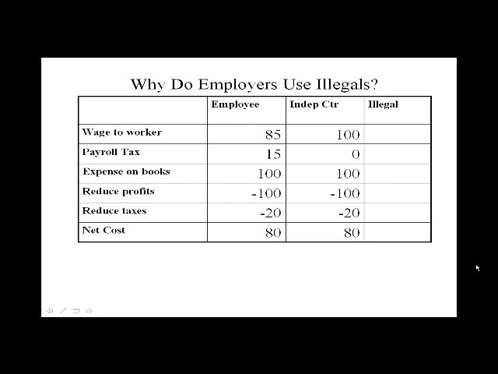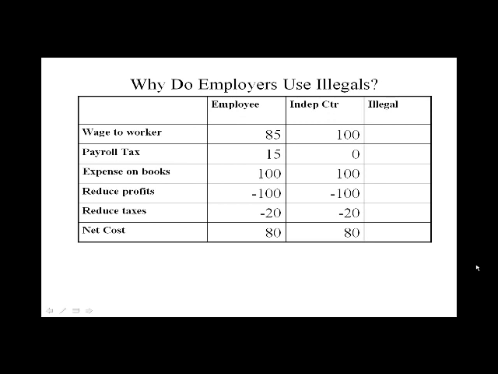So the independent contractor, if they're smart, is going to charge $100 for the day or for the hour or whatever the increment is. You as the employer don't pay any taxes. Your expense is on the books. And it comes out to the same thing. You pay it one way or the other.